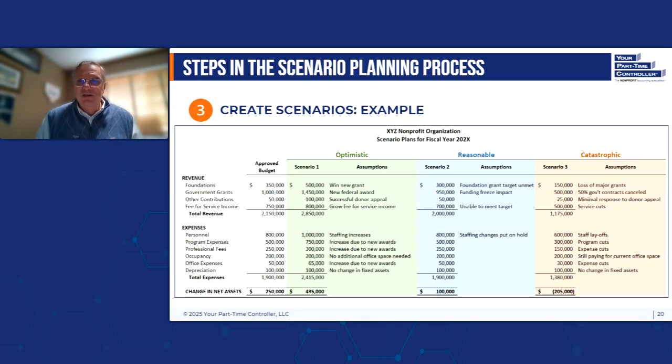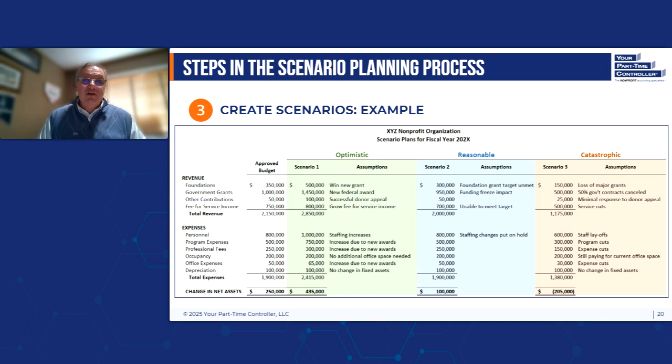We don't have to lay off staff or cut expenses or anything like that. And the change in net assets does decrease, but we're still okay. Now, keep in mind, if you're doing a long range scenario and that seems to be the trend, the new norm, then you may have to pivot and do some of the other things that we talked about earlier to make sure that you don't continue on a trend where you're losing every year.